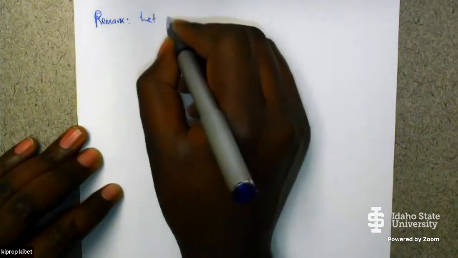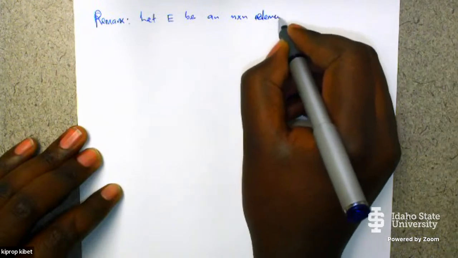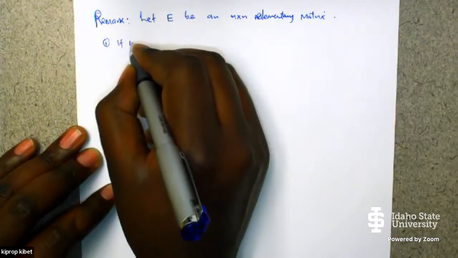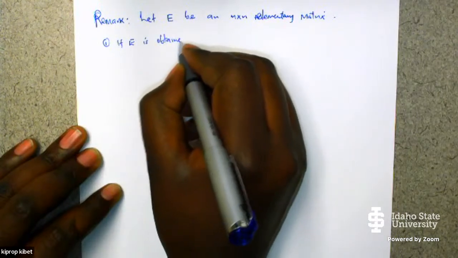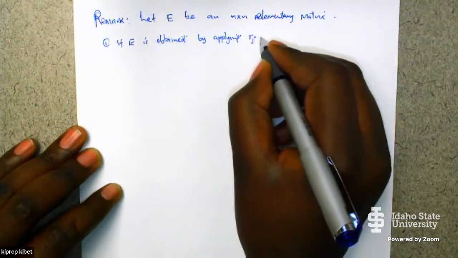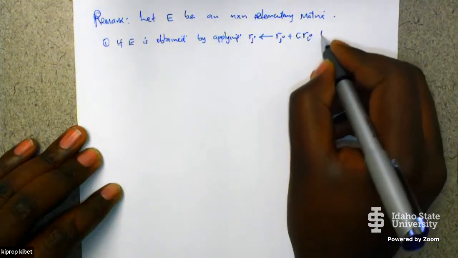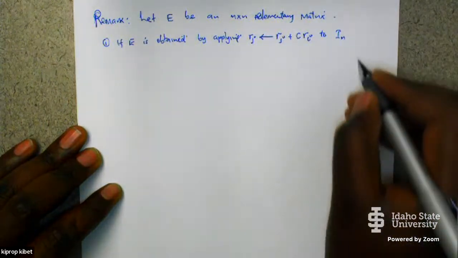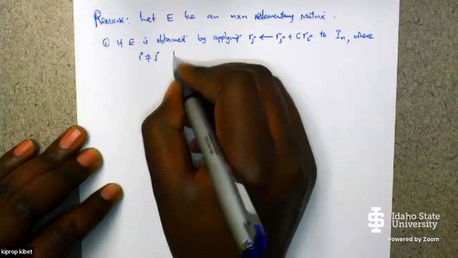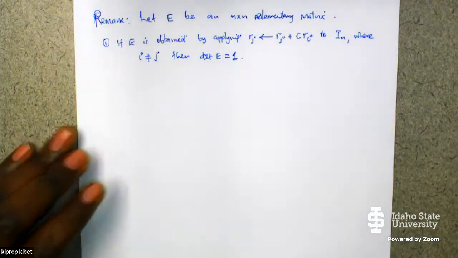If we let E be an n by n elementary matrix, number 1, if E is obtained by applying Rj becomes the new Rj plus a constant multiplied by Ri to the identity matrix In, where i is not equals to j, then determinant of E is equals to 1.